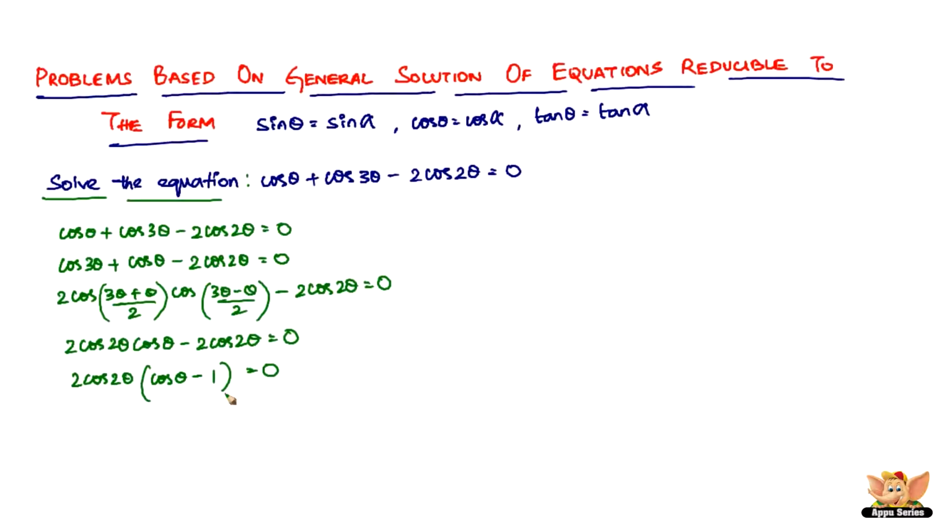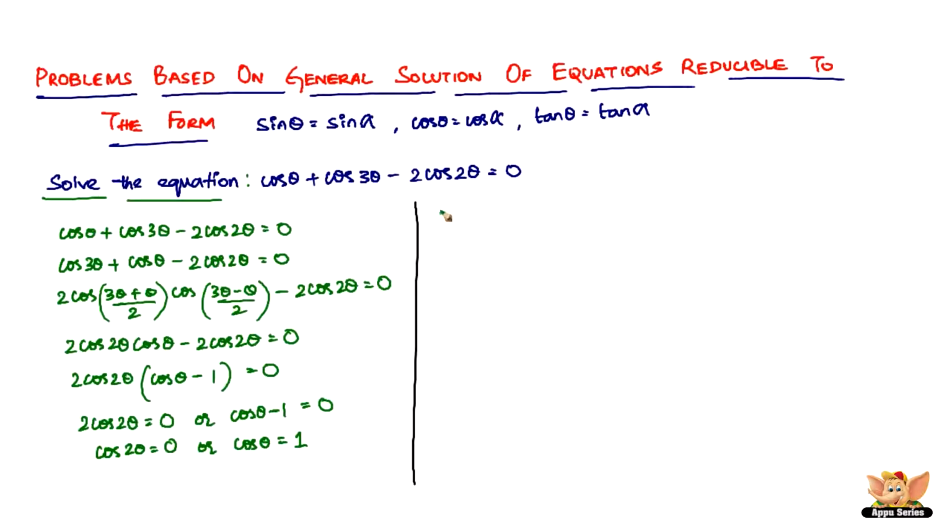So now we have 2 cos 2 theta equal to 0, or cos theta minus 1 equals 0. Alright. So now cos 2 theta equal to 0 divided by 2, it's going to be 0. So don't bother writing that. Or we have cos theta equal to negative 1 goes to the right hand side, and we have 1. Alright. So now let's look into these two equations separately.